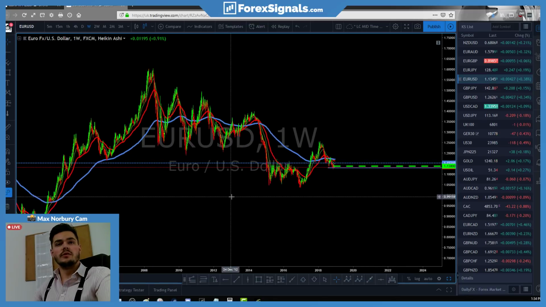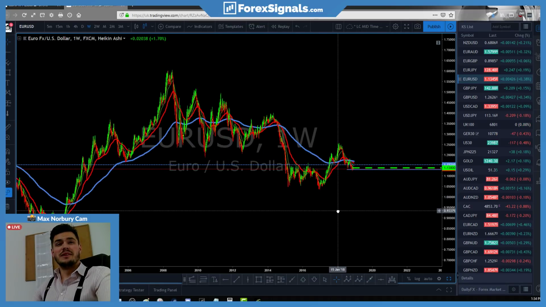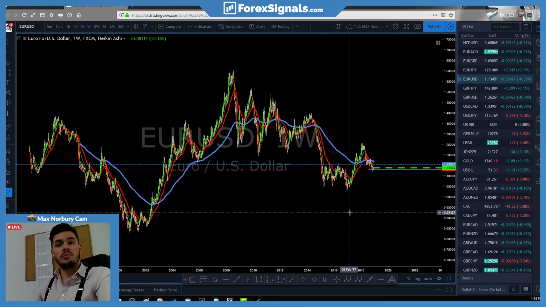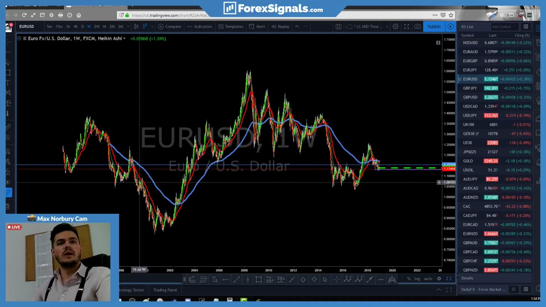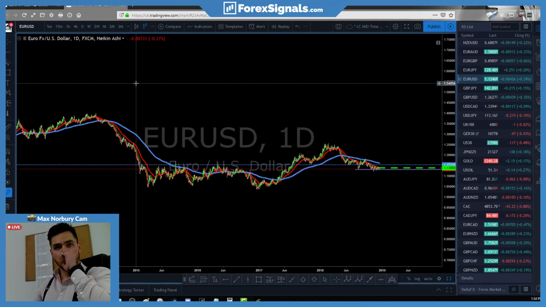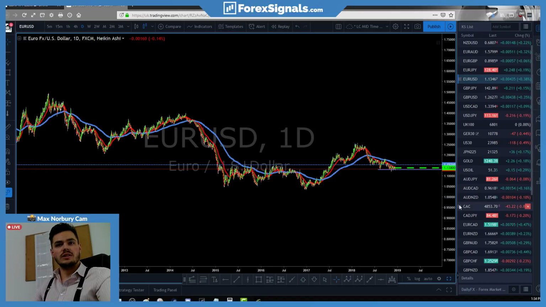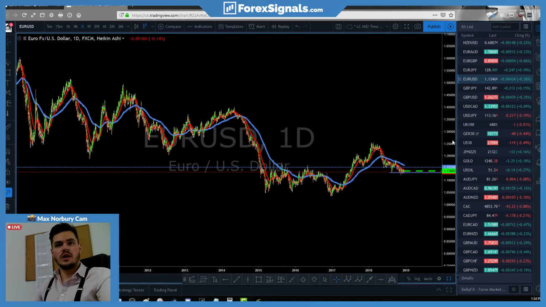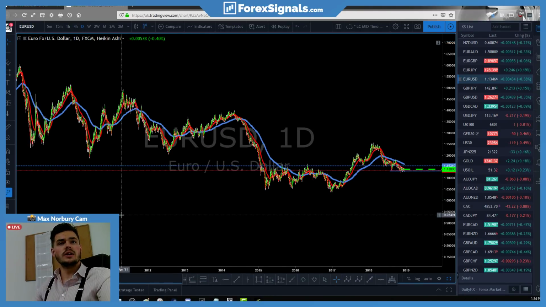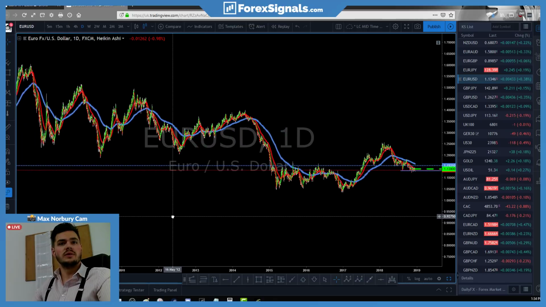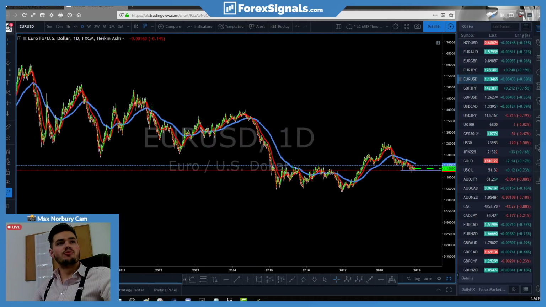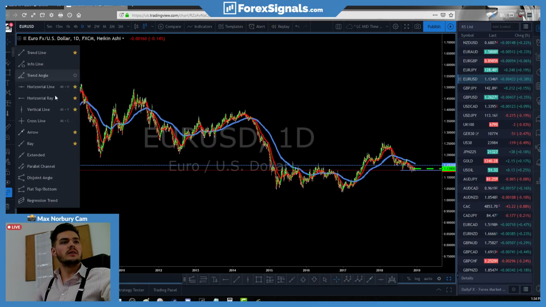At the moment, the Euro USD has been a bit of a shoddy trend. But we'll still be able to have a look and see what's been going on. So let's get a broad strokes trend going.